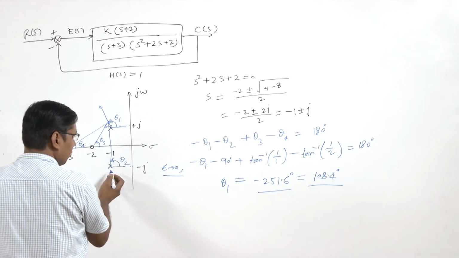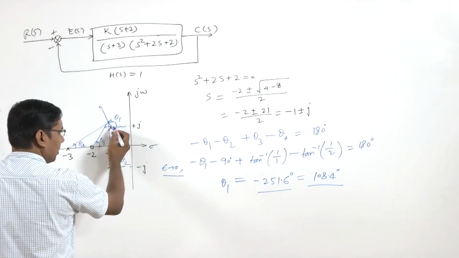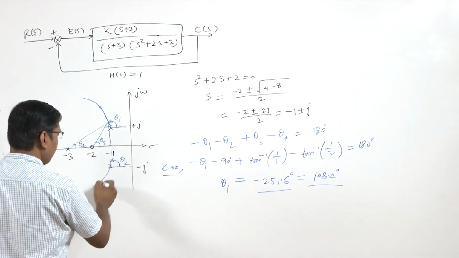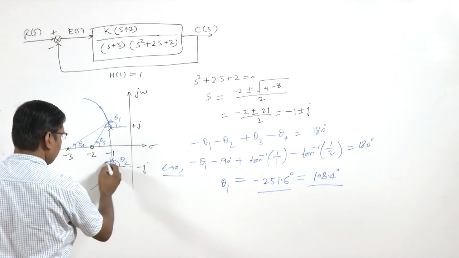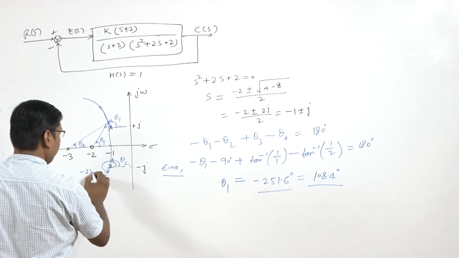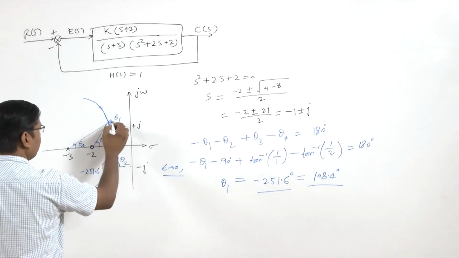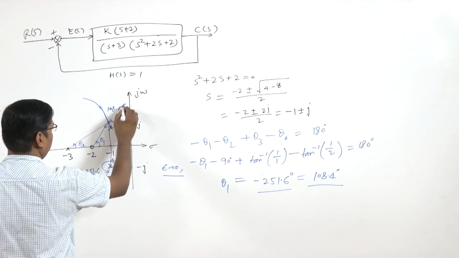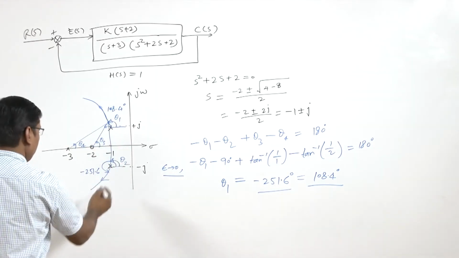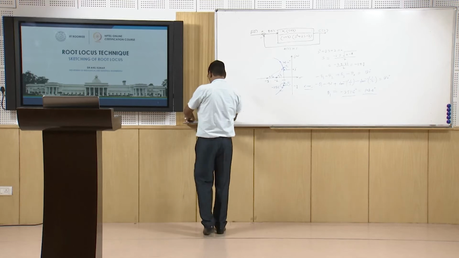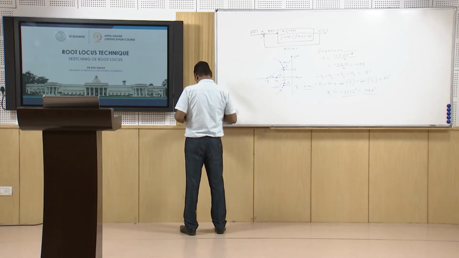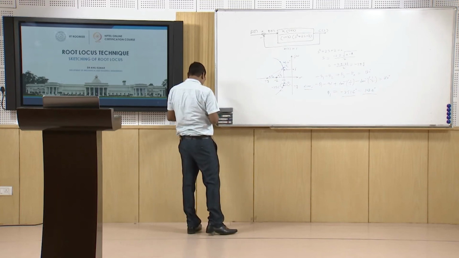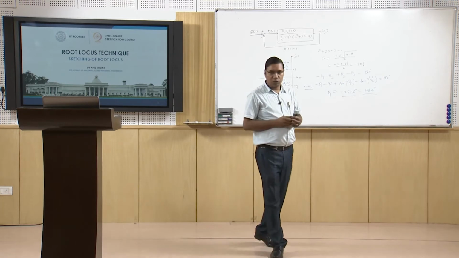This angle is minus 251.6 and this angle is 108.4 degree. That is how we obtain the angle of departure from a complex root locus.